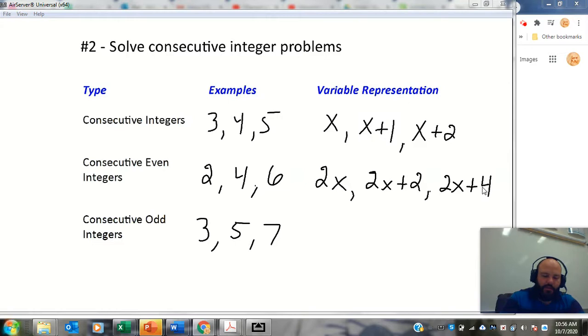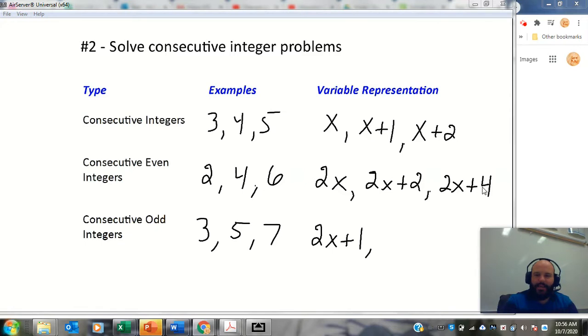Now, the last one is going to be consecutive odd numbers. To create an odd number, if you didn't realize it, after every even number in the integers comes an odd number. So we have 2, which is even, 3, which is odd, 4, which is even, 5, which is odd. So every other one is even, odd, even, odd. So the way we represent an odd number is, if we know 2x is going to be even, then 2x plus 1, which is one more than that, is going to be odd.